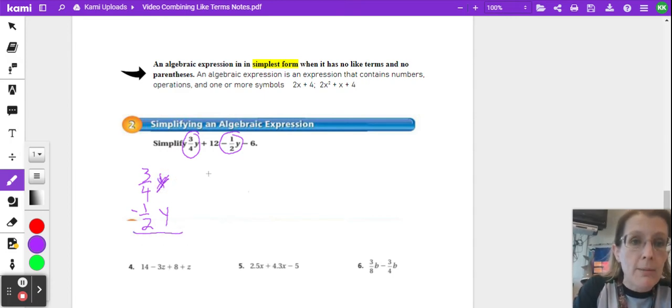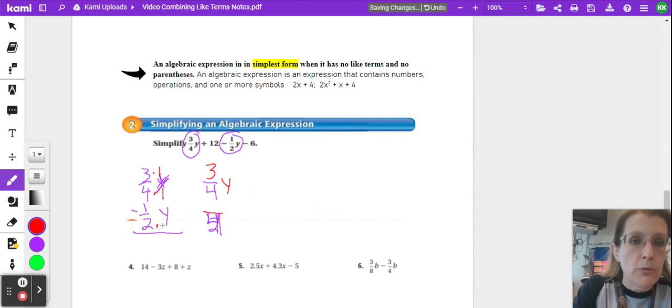So my fraction rule is a common denominator. My common denominator between 4 and 2 is 4. So here I would have to do 4 times 1 to get 4, 3 times 1 to get 3. It stayed the same. And it keeps its y.